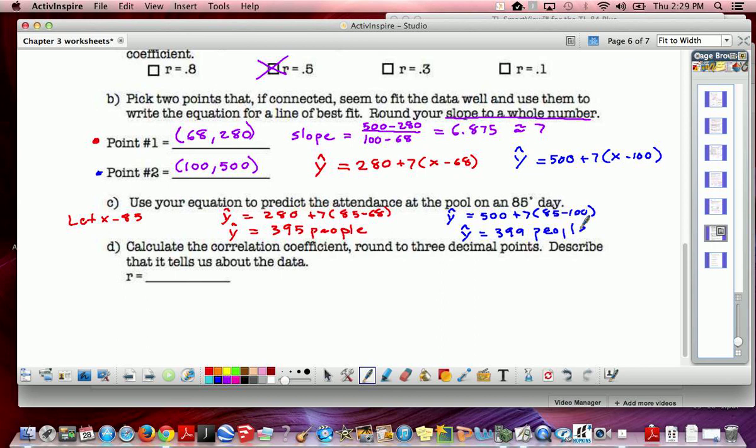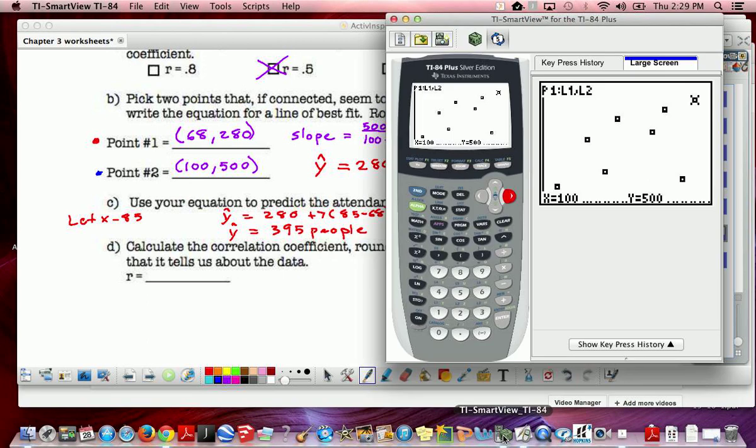However, I do want to check something here. Because if I go 85 minus 100, I have a feeling I might have these two answers flip-flopped here. Just a second. Let me double check with my calculator.